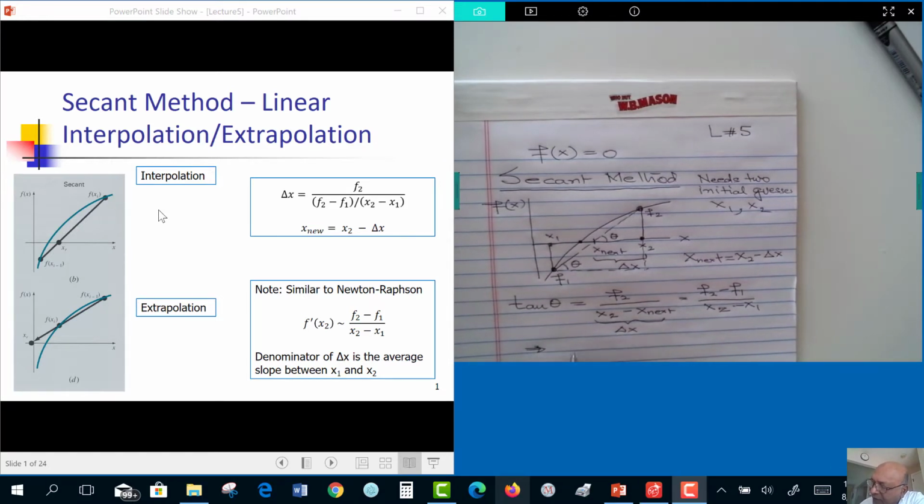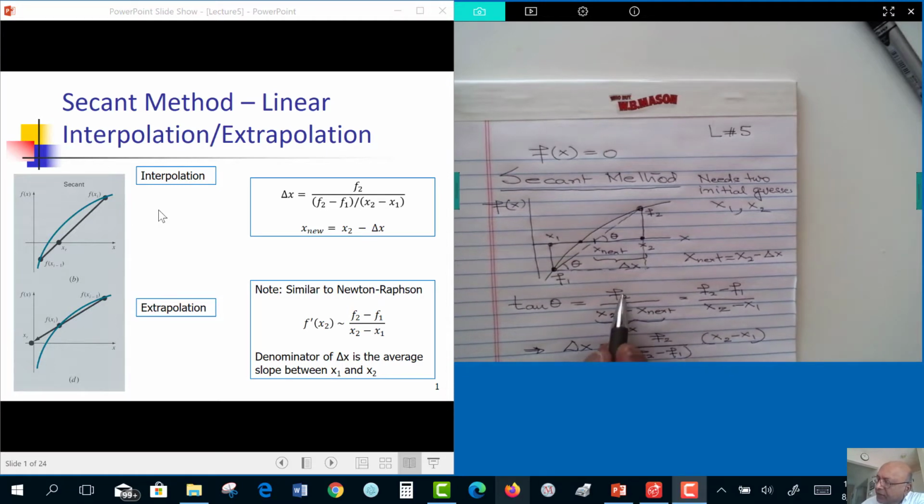So we can write delta x therefore as f2 over f2 minus f1, multiplied by x2 minus x1.